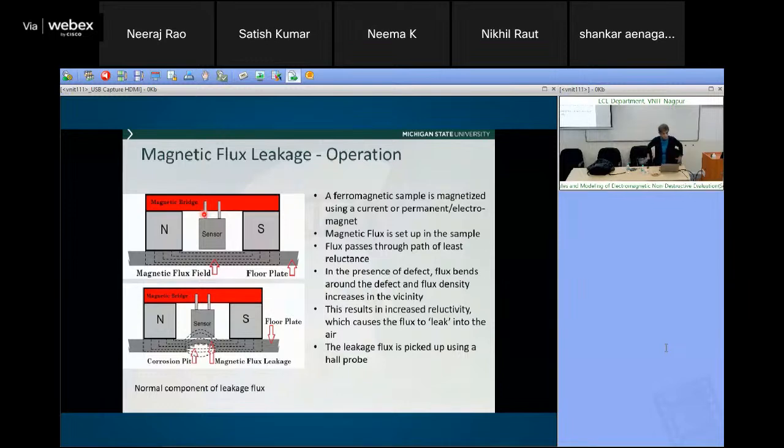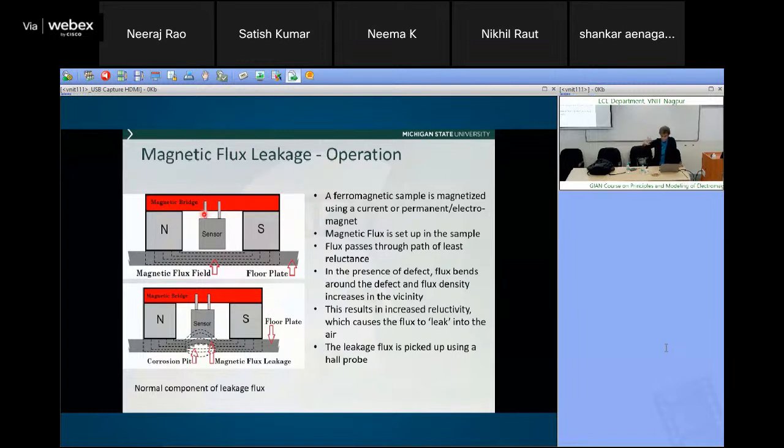MRI scan is like this. MRI? Oh no, MRI is quite different. There are a lot of excitation coils, and you are trying to excite the moments of certain hydrogen molecules.